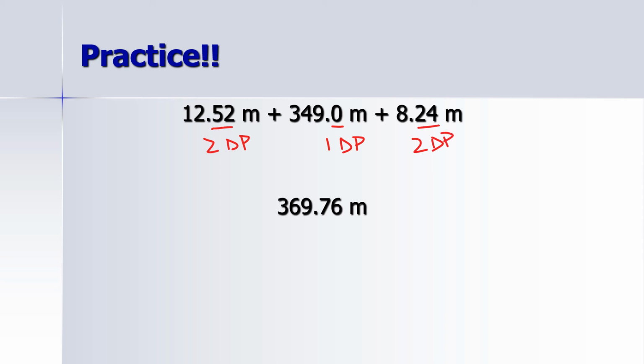So we want our answer to have the least out of these three, which means we want our answer to have 1 decimal place only. But right now we have 2. So that means we'll keep the 7 and we'll have to get rid of the 6. Now the 6 is greater than 5, which means we can add 1 to the 7. So our final answer will be 369.8 meters.